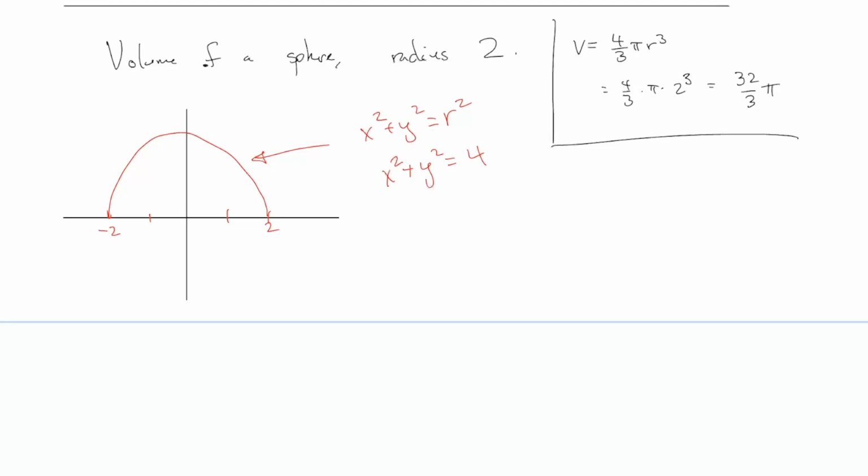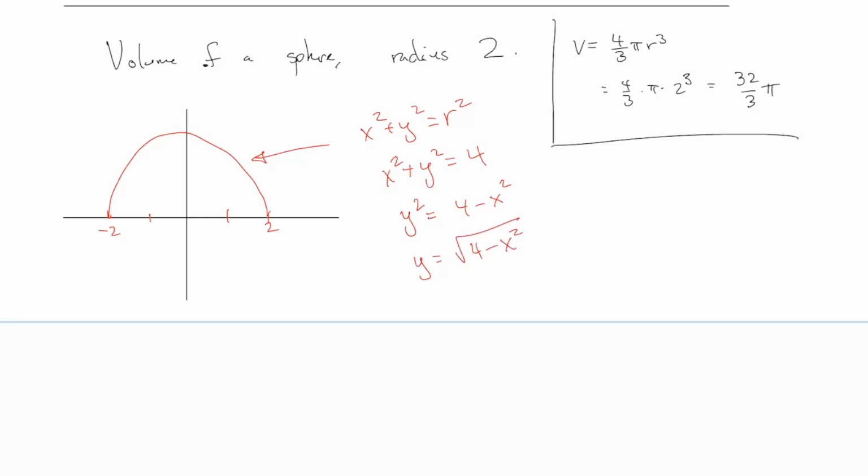And we have to write it as a function, y equals whatever, right? Because otherwise there's no way to plug it into our integration formula. So we are going to solve for y here. That involves first writing it this way, y squared equals 4 minus x squared, and then taking the square root.